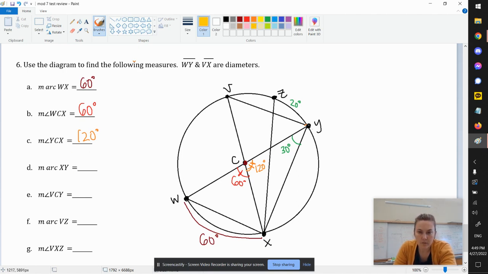Measure of arc XY. If we're looking at XY, which central angle does this arc share? Measure XY and the angle we just found are the exact same because it's the same as its central angle.